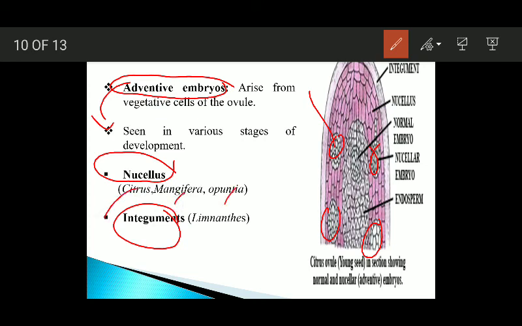In these 3 plant species, the additional embryos, or adventitious embryos, arise from the diploid cells of the nucellus, here, this tissue. And in Limnanthes, which is another plant species, the additional embryos can originate from the cells of the integuments.